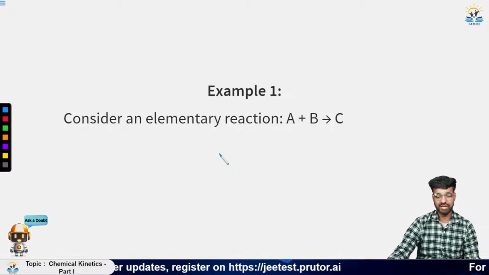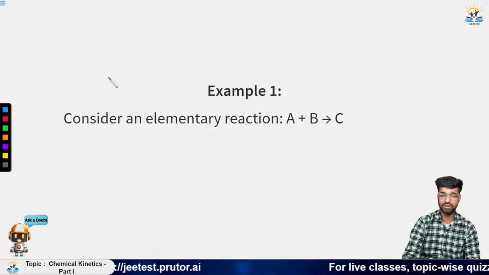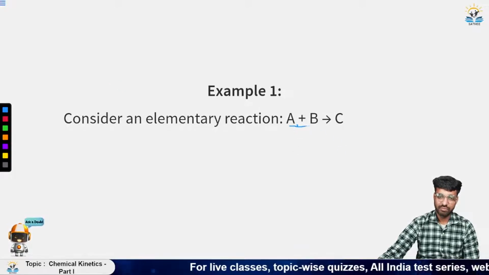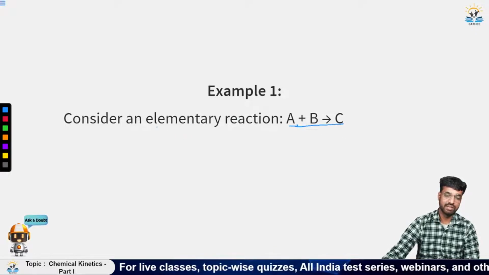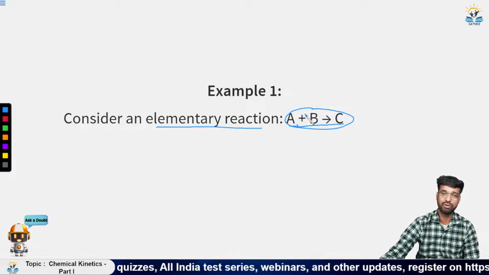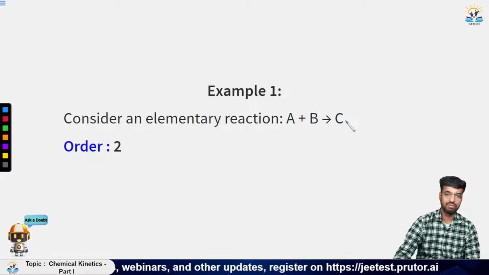Now let us see an illustration to draw a proper boundary line between order and molecularity. Consider a reaction going from A plus B to C, and it is given that this reaction is elementary, meaning this is the only step occurring, that is A is colliding with B to give the product C. So what will be the order of reaction?